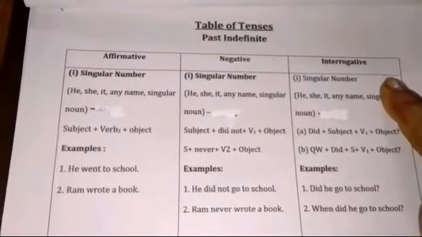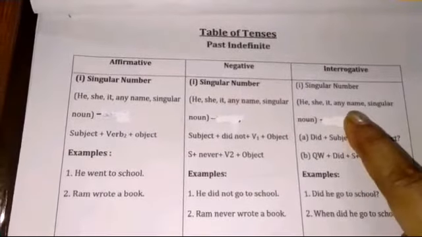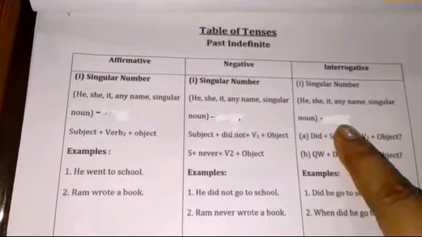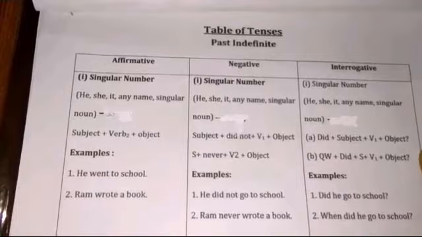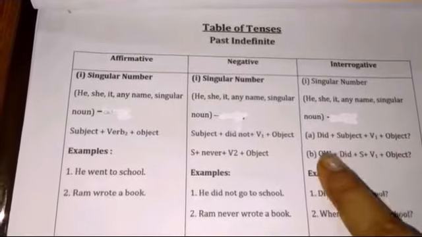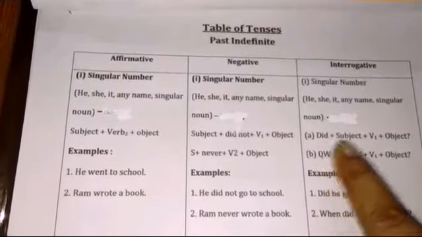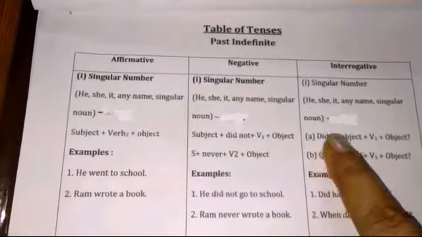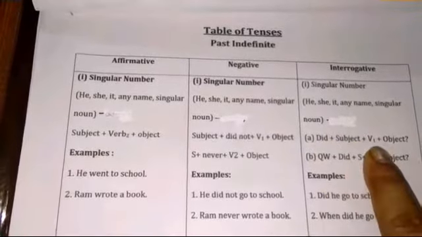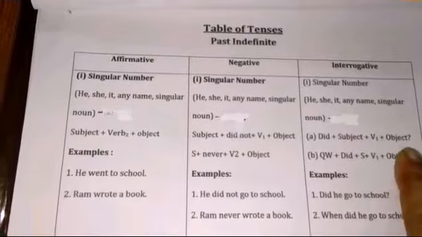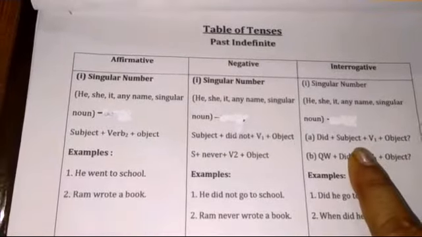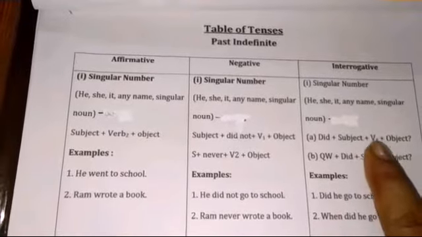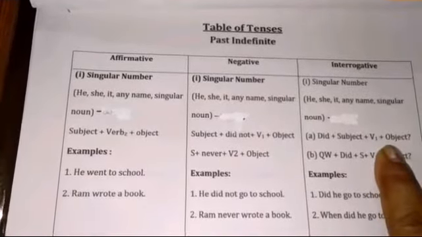Interrogative sentence in singular number: he, she, it, any name and singular noun. These are the two types of interrogative sentence. First, yes/no answer type, where we use did before the subject. Did plus subject plus V first and then object and then question mark. So in an interrogative sentence we use V first also.